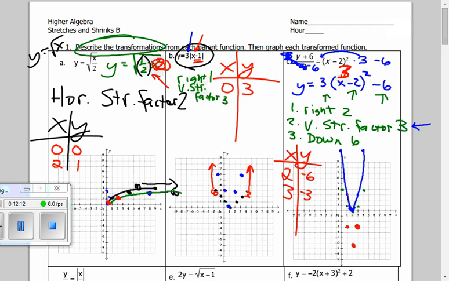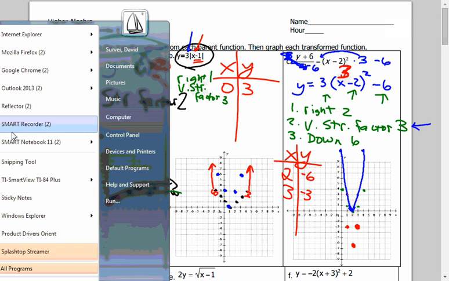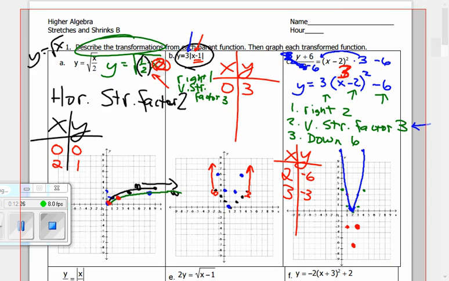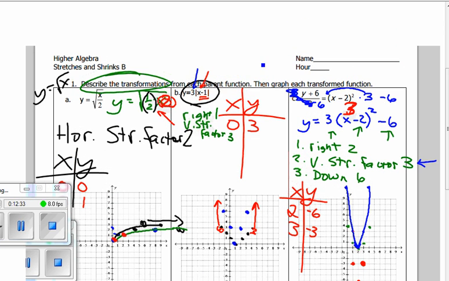Now I want to leave that up for you to look at if you're not quite done with that. So I'm going to use my snipping tool, take a picture of it. That way I can save it in case anybody wants to see it again.